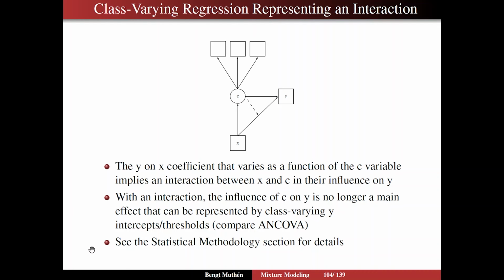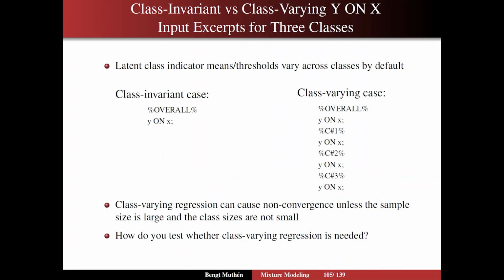Now, I'll say a little bit more about this interaction case in the statistical methodology section, but let's take a look at what it means in practice. Slide 105 shows the class invariant and class varying Y on X cases in the situation of having three classes. So excerpts from the model statement.